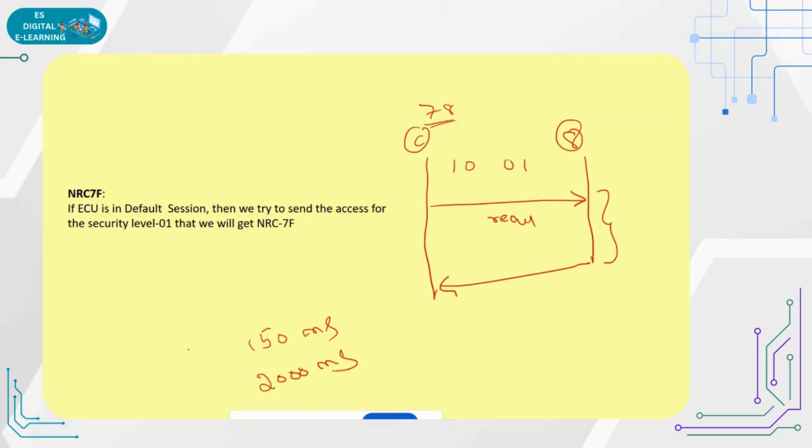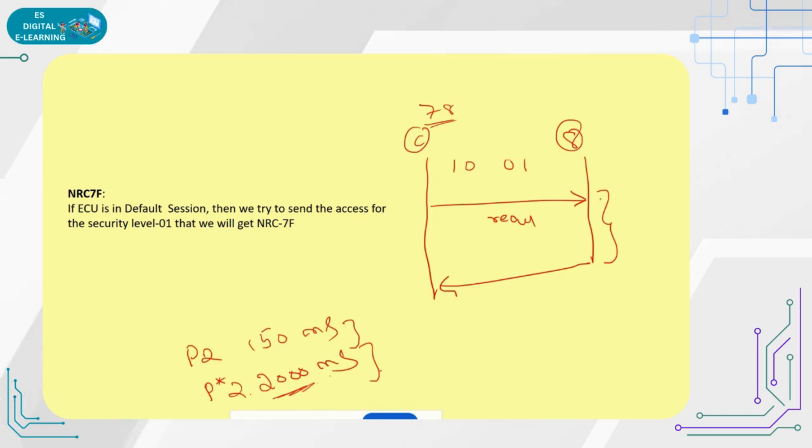This is P2 and this is P2 star. Whatever time is crossed, after 2 seconds, the valid request is sent.